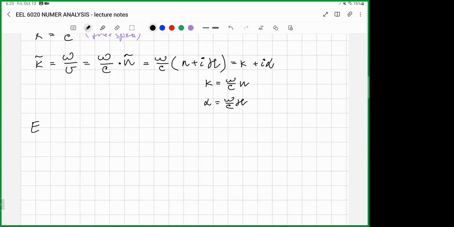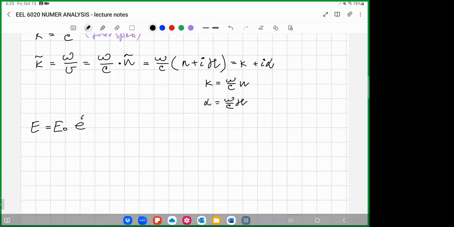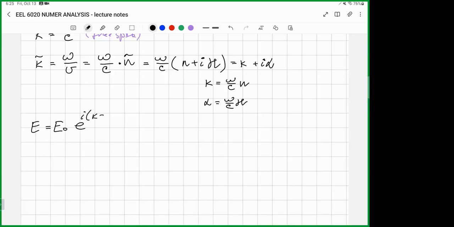And let us assume that we are dealing with a monochromatic wave described in this form. So the electric field is equal to some arbitrary amplitude of the field times the harmonic function e to the power of i(kz minus omega t). Right? This is the most general representation of a plane wave.